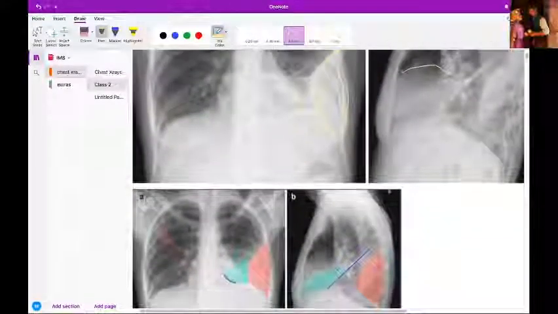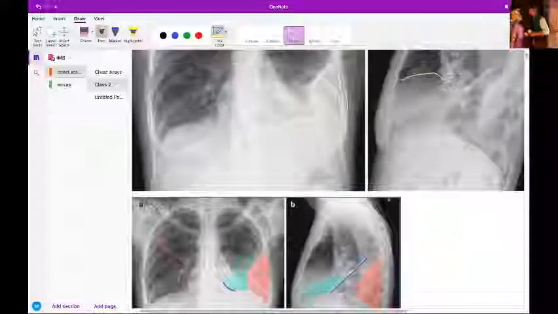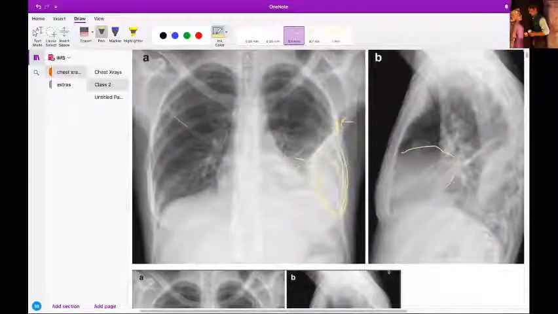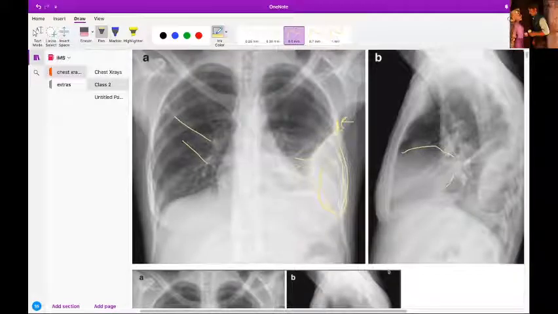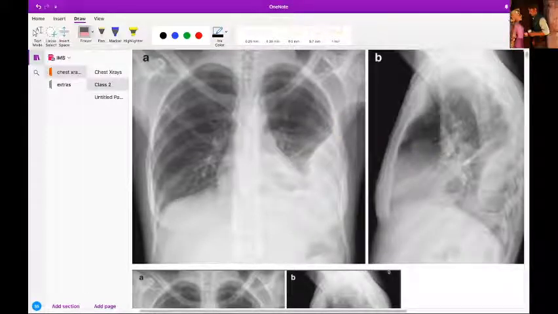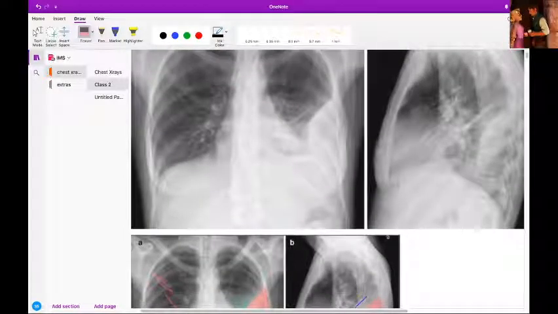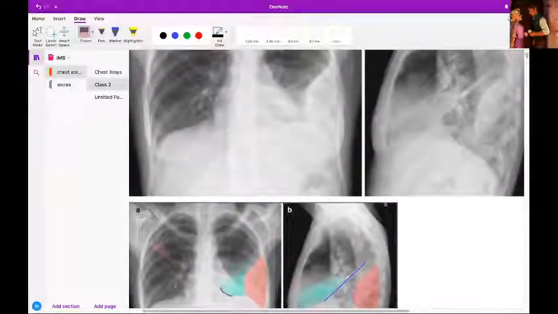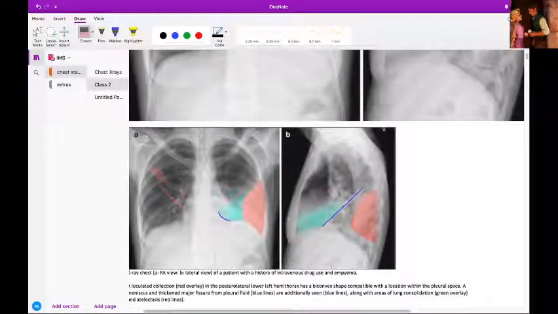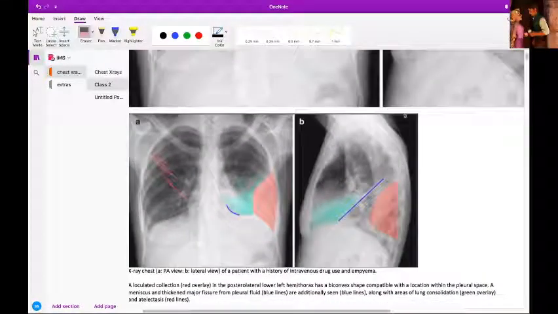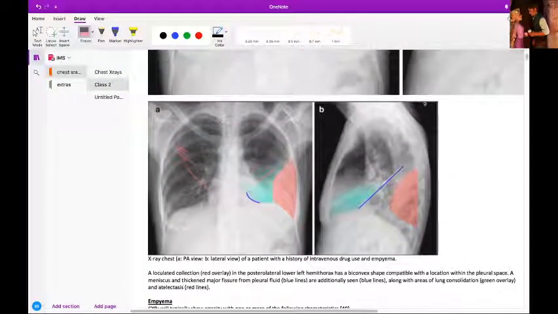They've shown more things in this one. There are also these line things over here, which are like pleural effusion in between the fissures, or collection of pus in between the fissures. So there's a loculated collection in the posterolateral hemithorax, and meniscus is there.